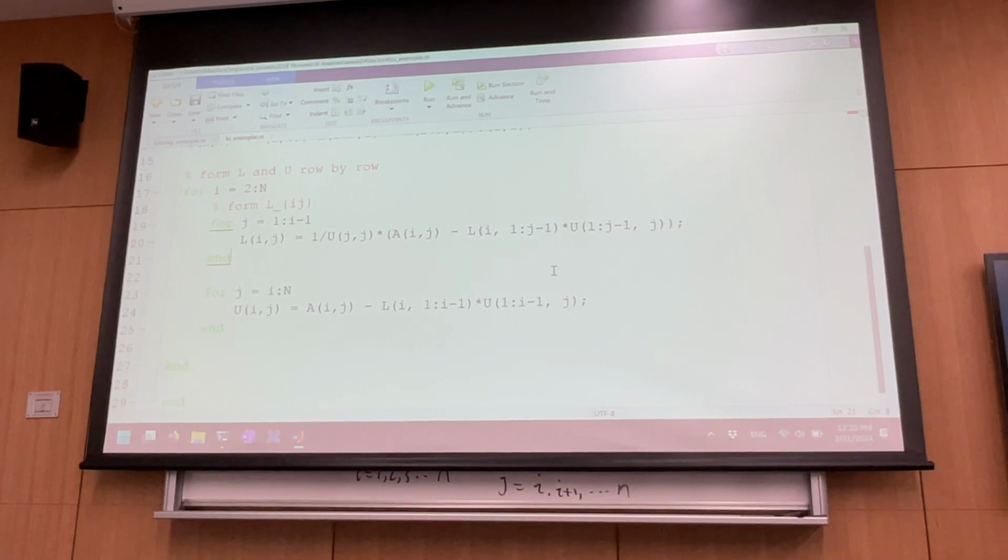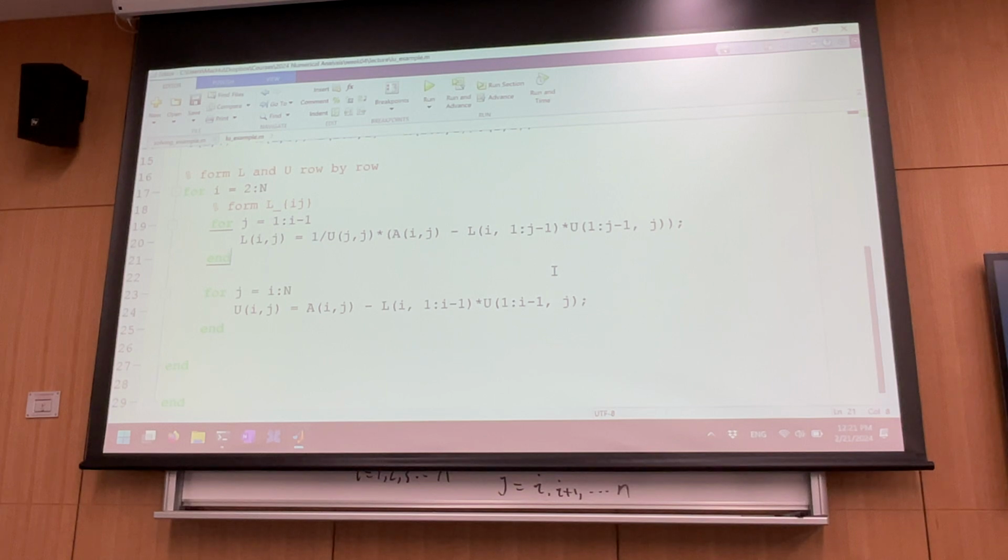But one thing here is that you see in this code we have a lot of summations, right? For example, I sum over k of Lik times Ukj. There's one easier way to write such a summation.